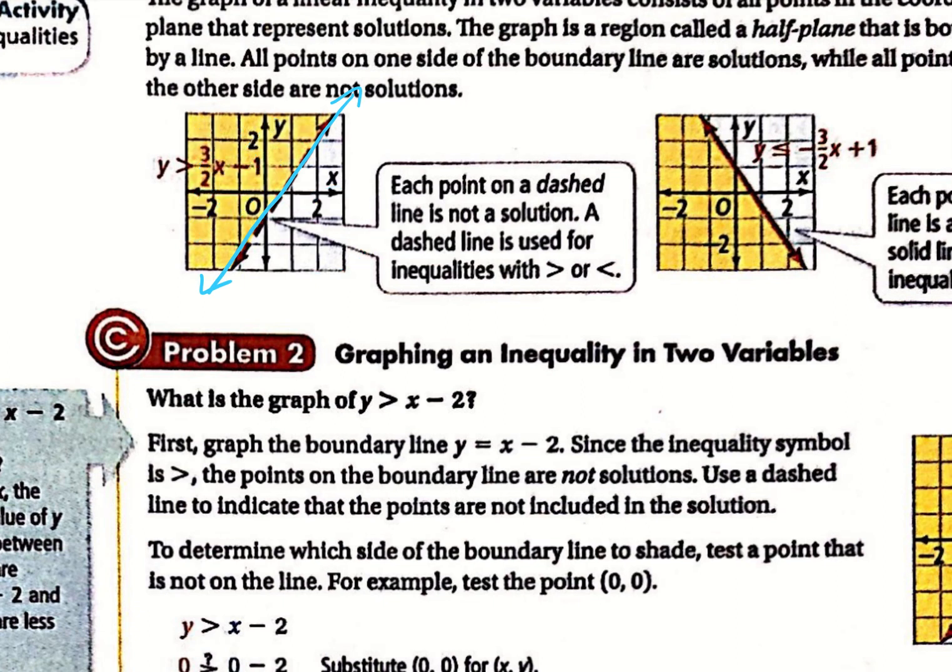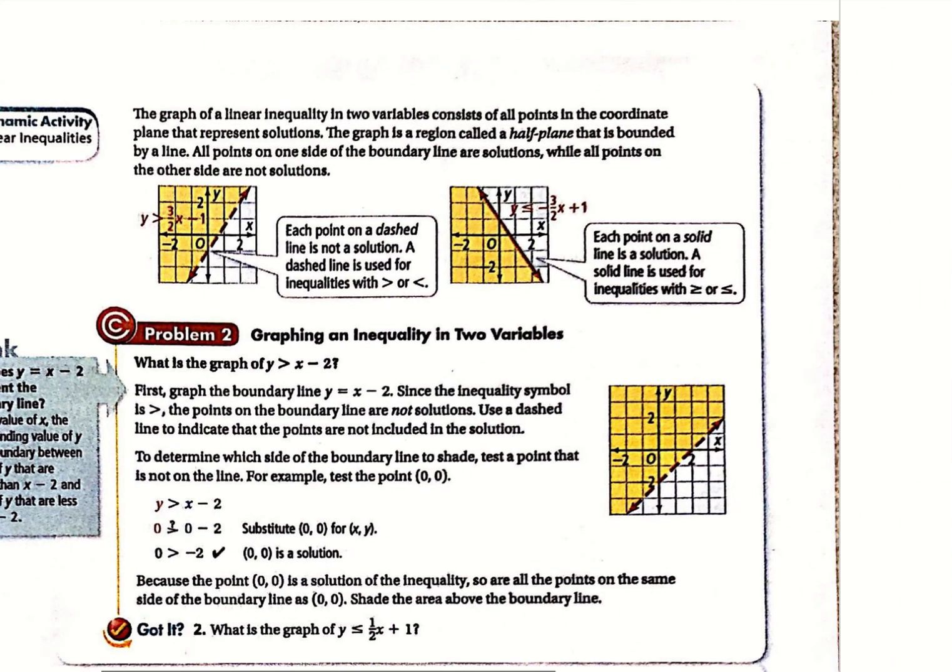Basically how that works is that all of the points in the shaded region are going to be solutions. For example, the point (-1, 0) right there will be a solution, whereas the point (2, -2) down here is not a solution.